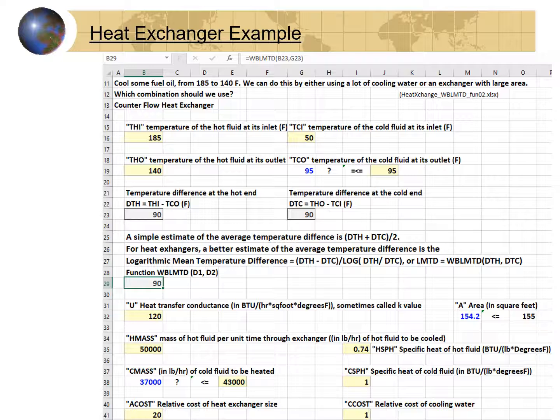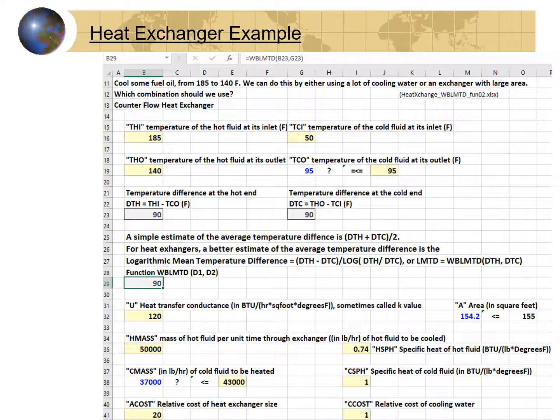And then some computed values are the difference in temperatures at the hot end, where the hot stream comes in and the cold stream departs, and the temperature difference at the cold end, where the hot stream that is cooled down departs and the cold water enters. And so the amount of heat that is transferred between the two fluids is related to this temperature difference, and that's the crucial thing.